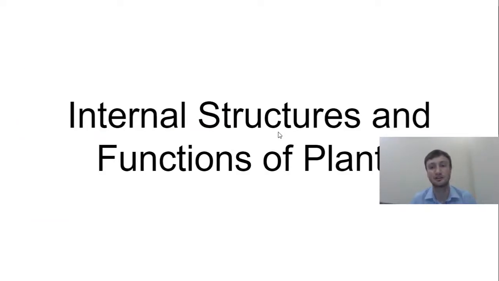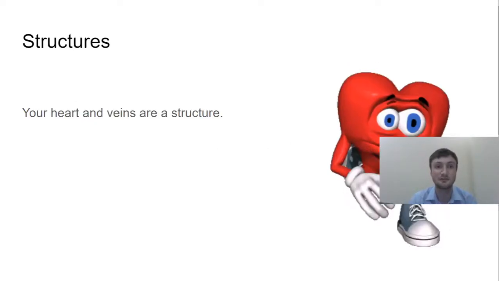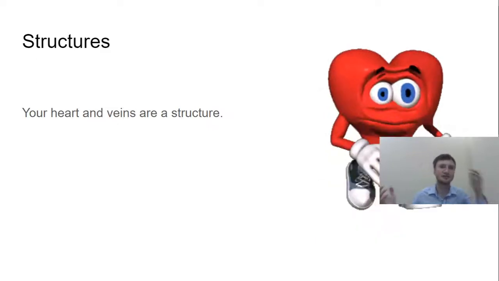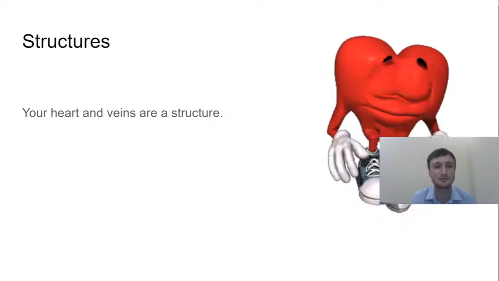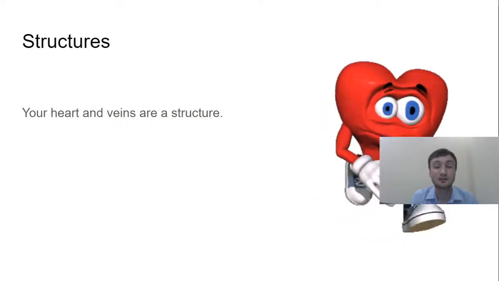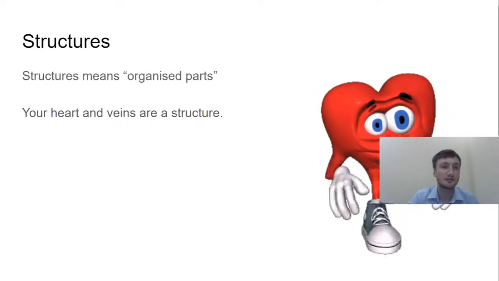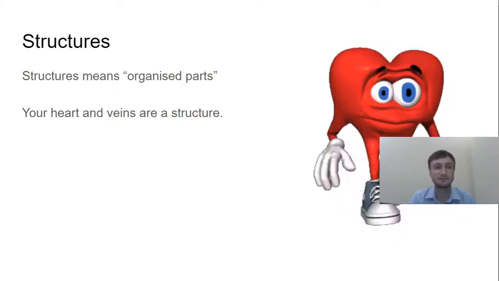So today we're talking about internal structures and functions of plants. So looking at internal structures, things inside plants. We know what internal is. What are structures? Structures are organized parts.